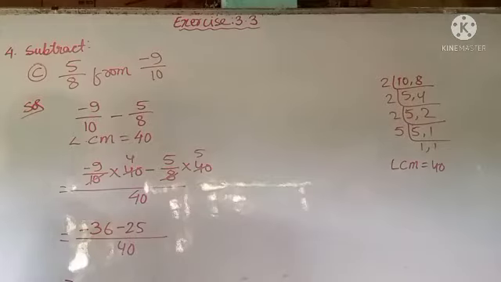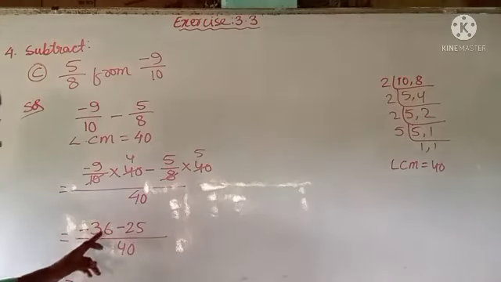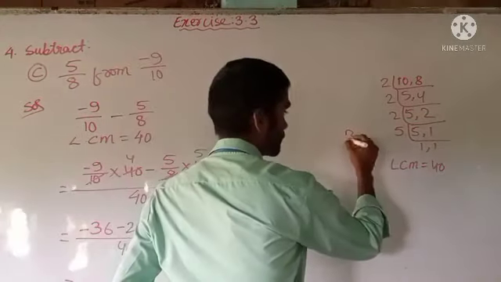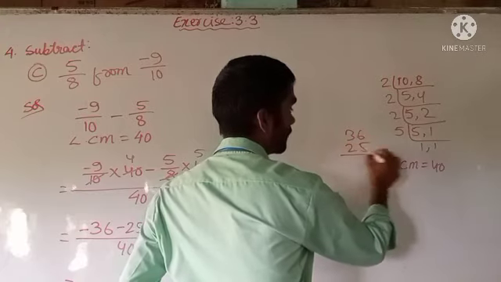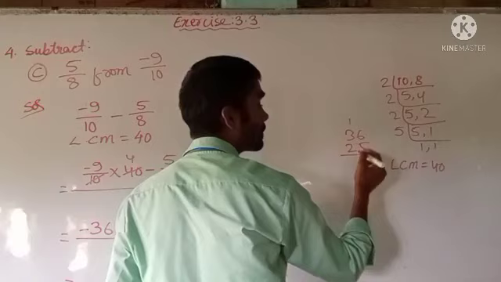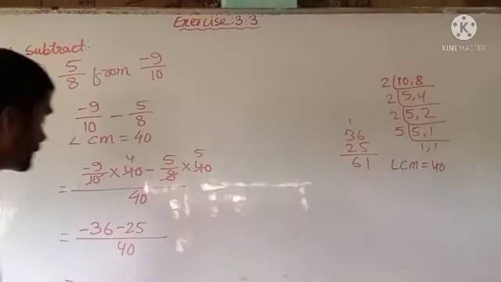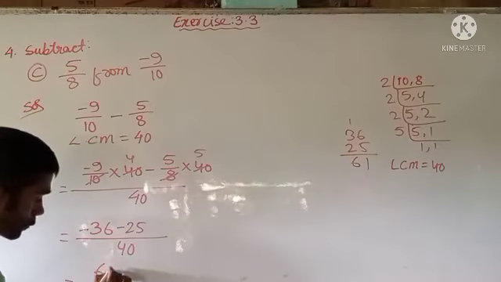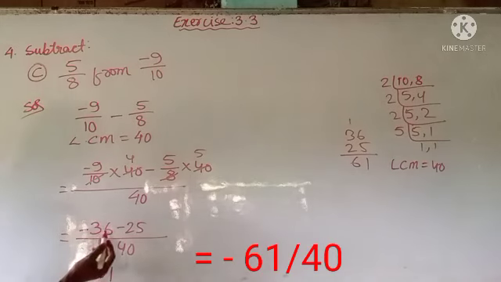Minus into minus is plus, so we will add them. So here 36 plus 25, 6 plus 5 is 11, 1 in hand, 3 plus 1 is 4, 4 plus 2 is 6. So we got 61, and the sign of the greater integer is minus. 36 is greater and the sign is minus, so minus. So this one is our required answer.